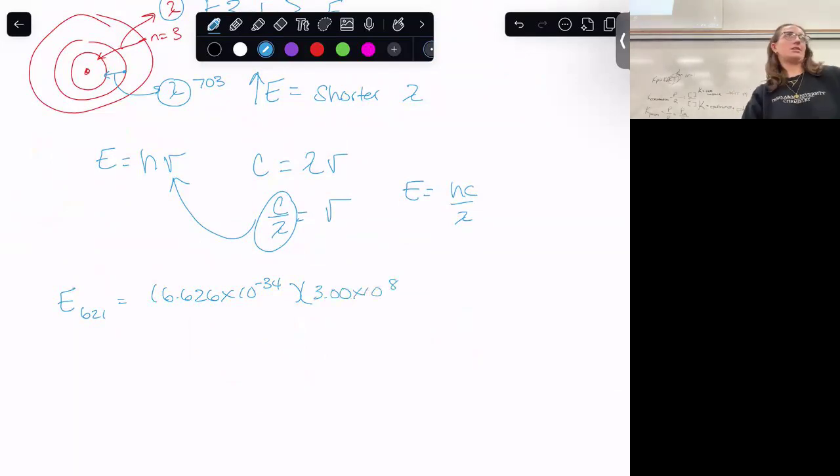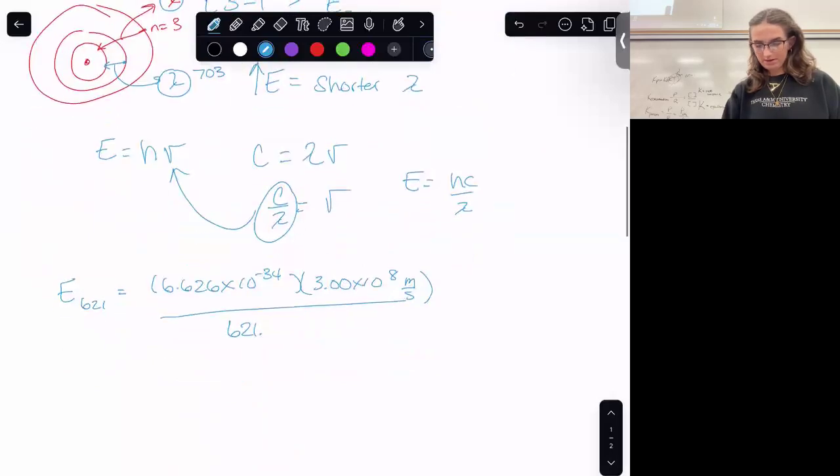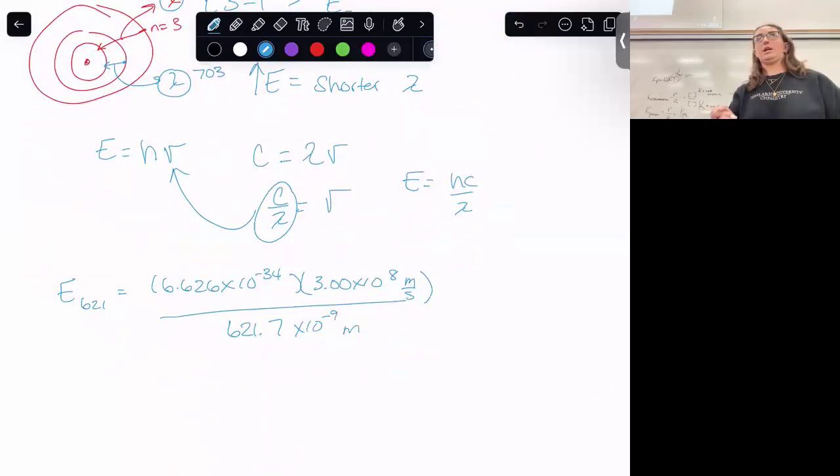That is given to you. You don't need to memorize this, but that's the speed of light. It's all based off of the speed of light. And then we can plug in our nanometers. Nano is times 10 to the negative 9.